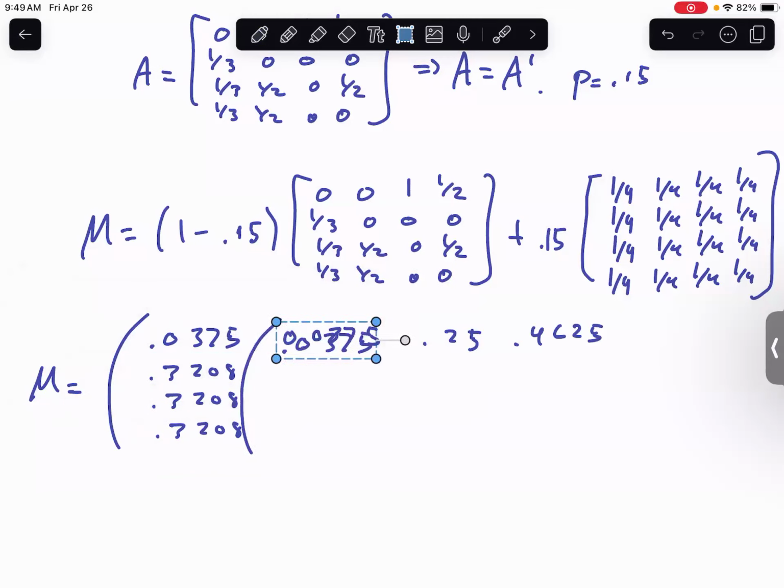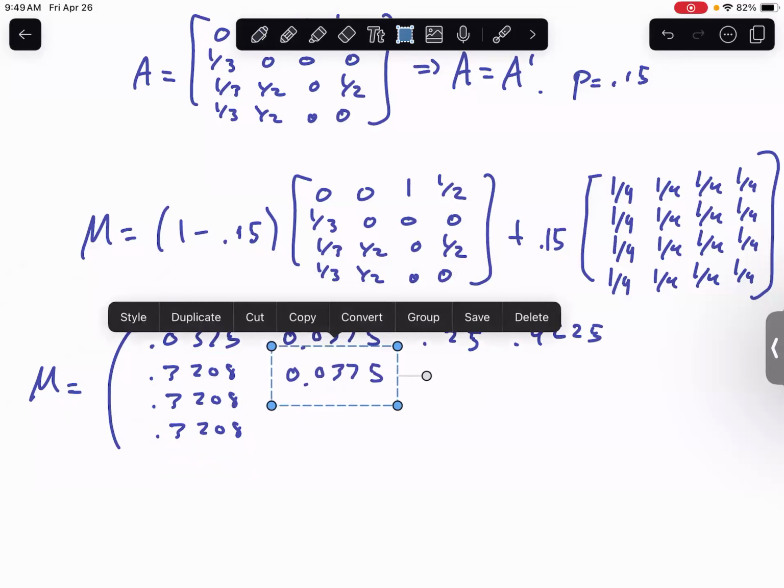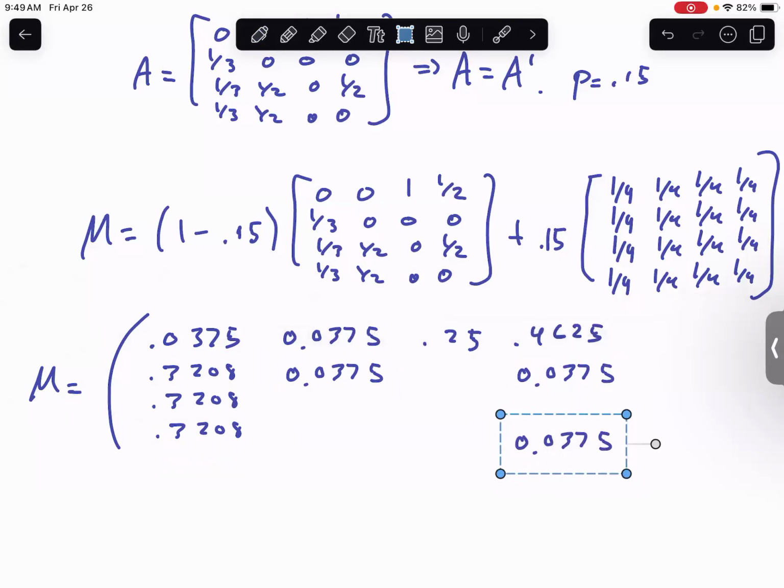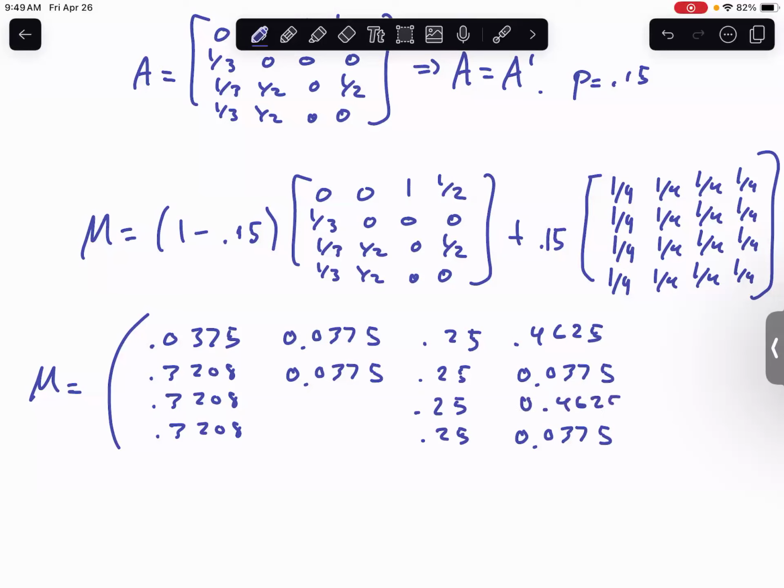You end up getting the following matrix. I probably should have just written this out before class started. Yeah, this whole column will be 0.25, 0.25, 0.25, 0.4625, and then you have a bunch of 0.4625s.